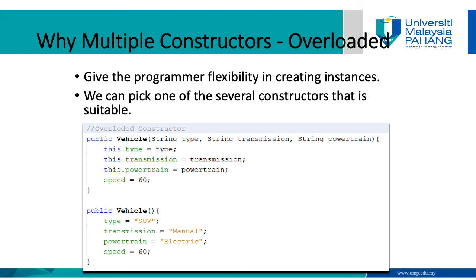And then this will cause the constructor to be overloaded. It will not give you an error, but it's just going to be an overloaded constructor. It might cause problems if you are running a huge program.